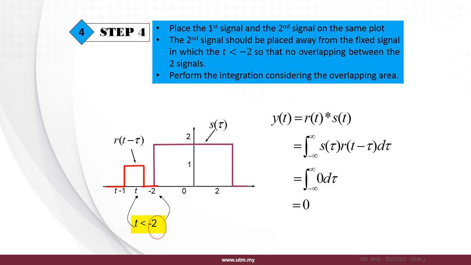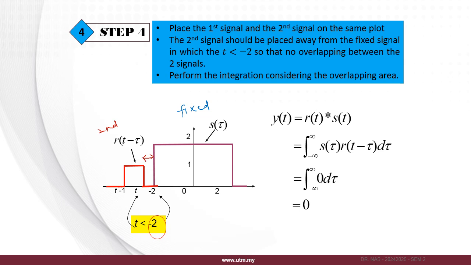So this is the fixed signal, and r(t minus tau) is the second signal that we choose to be moved from left to right. So we place them a bit away from each other to avoid overlapping.